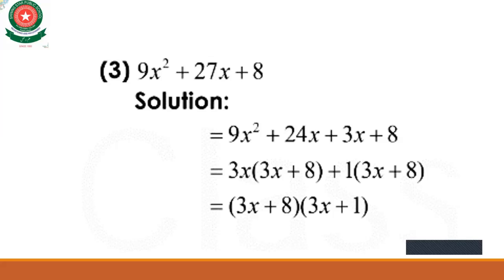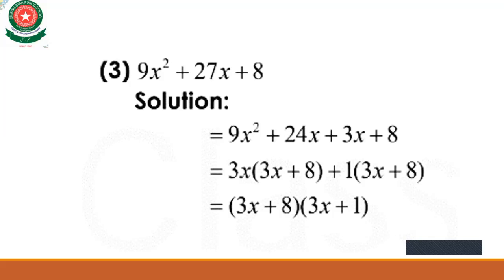As I told you, in this type of question we will multiply the first and last terms. 9 eights are 72, and 27.